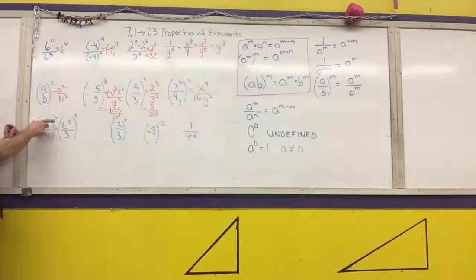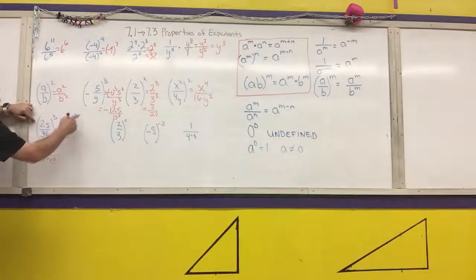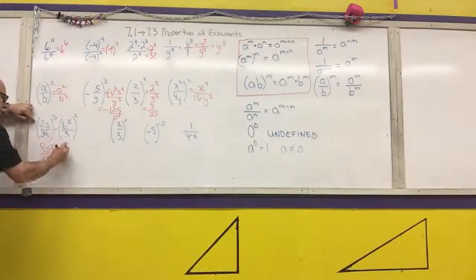So I have to do the stuff in the parentheses first by raising them to a power. I get 2 cubed, which is 8, s cubed, over 3 cubed, which is 27, t cubed, times t to the 10th, over 3 squared, which is 9.